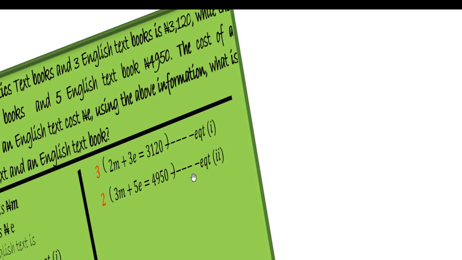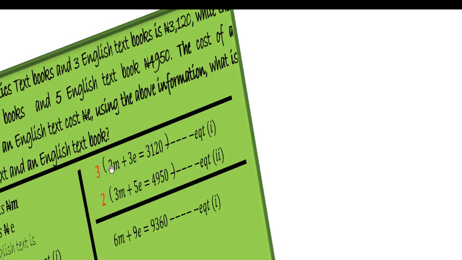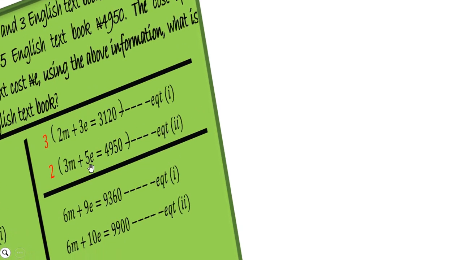By the time you open your bracket, 3 multiplying 2m gives 6m, 3 multiplying 3e gives 9e, 3 multiplying 3,120 gives 9,360. Come again, 2 multiplying 3m is 6m, 2 multiplying 5e is 10e, and 2 multiplying 4,950 is 9,900 naira.